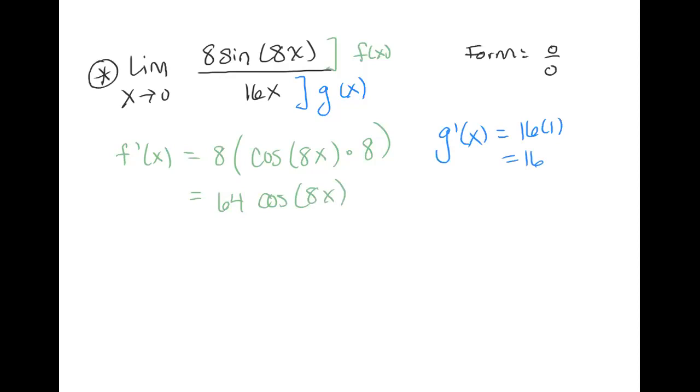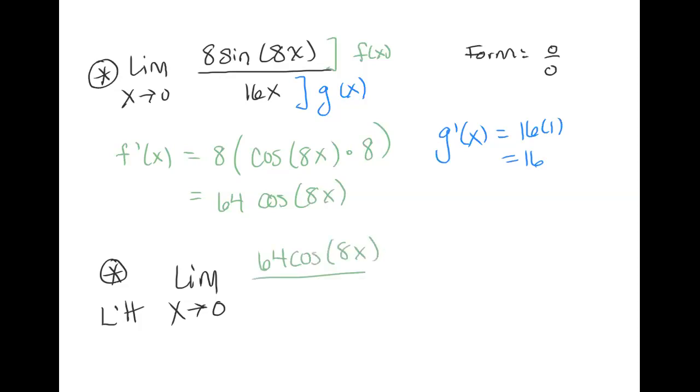And then this function, which I am trying to find the limit as x approaches 0 of, is the same by L'Hopital's rule as the limit as x approaches 0 of f prime, which in this case is 64 times the cosine of 8x divided by g prime, which happens to be 16 in this case.